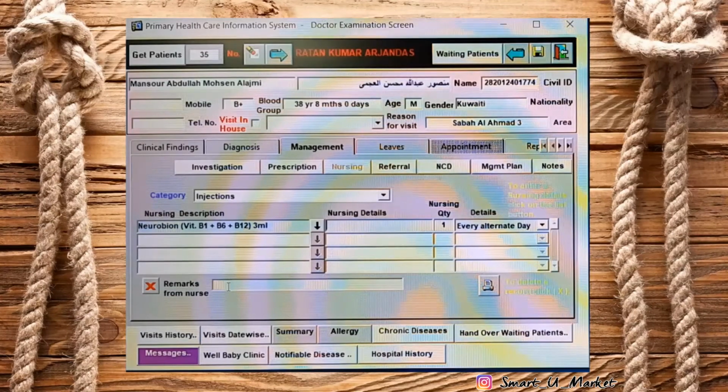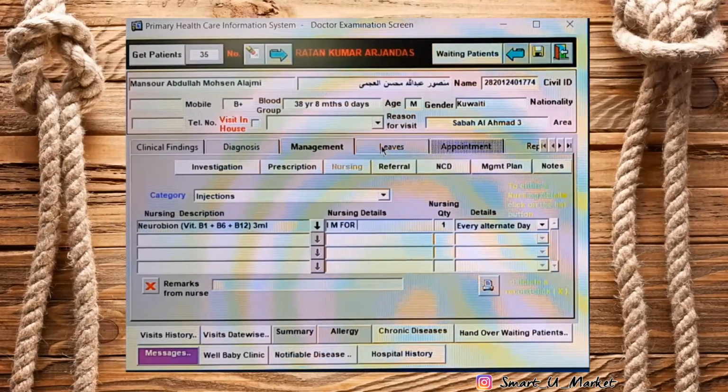When we check it, they will write done or not done, or whatever they have written, and it will appear in the remarks from the nurses here. Like I'm writing, it should be given IM for 5 days, on every alternate day, like that.